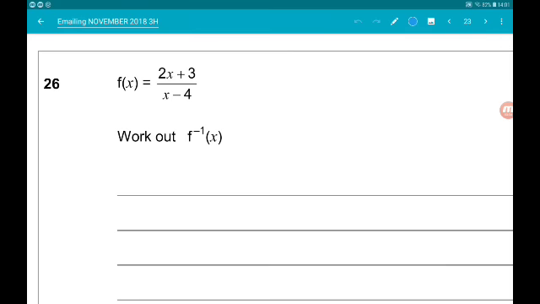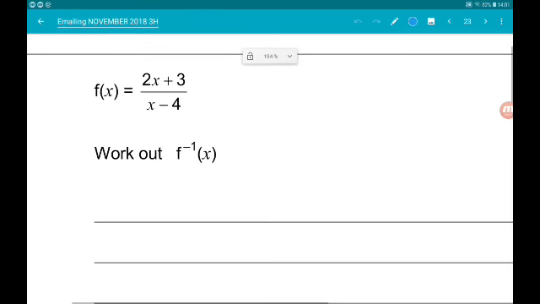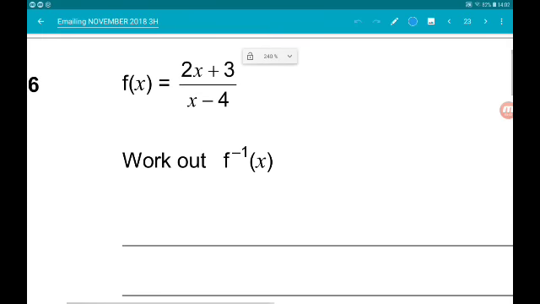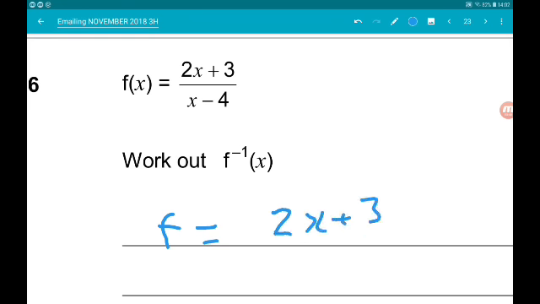Why are we getting another letter involved? Don't. Just get lazy with the notation. So just say f is 2x add 3 over x minus 4. Now, what we need to try and do is make x the subject, and then at the end, x and f swap places, and f is now the inverse f.